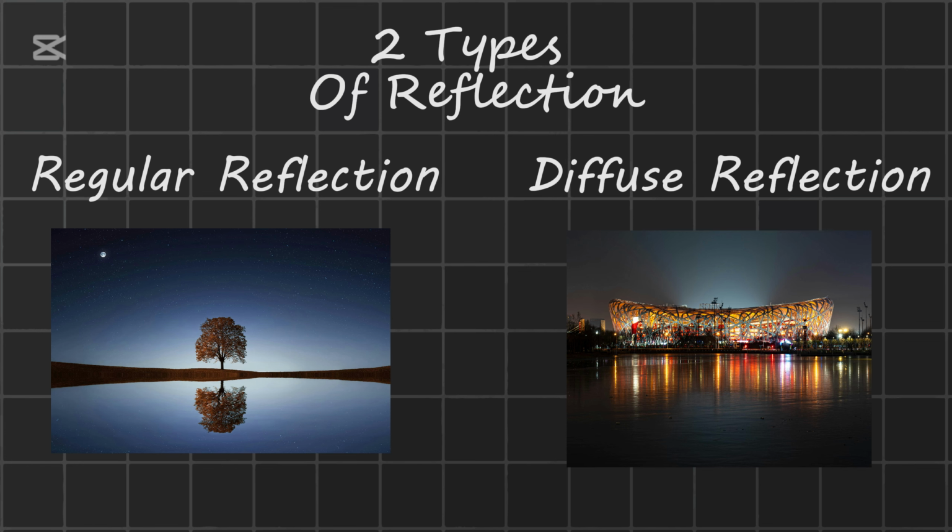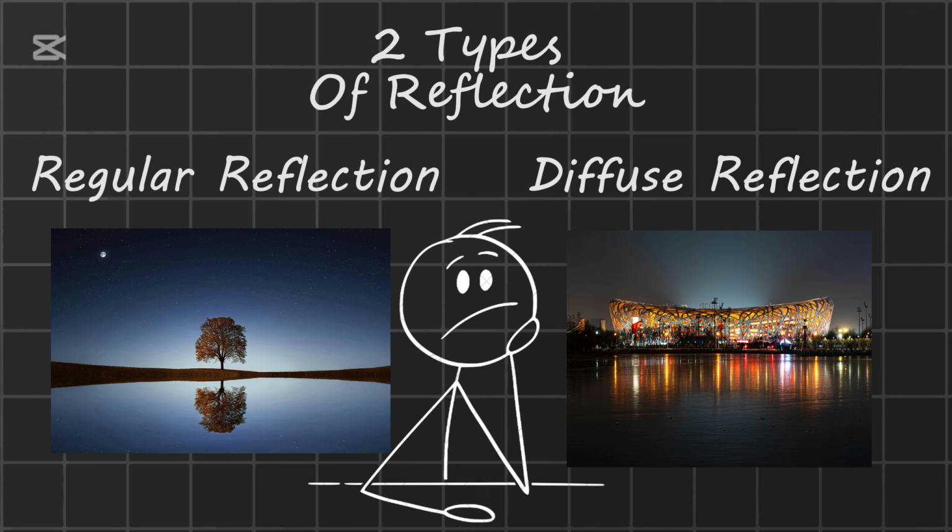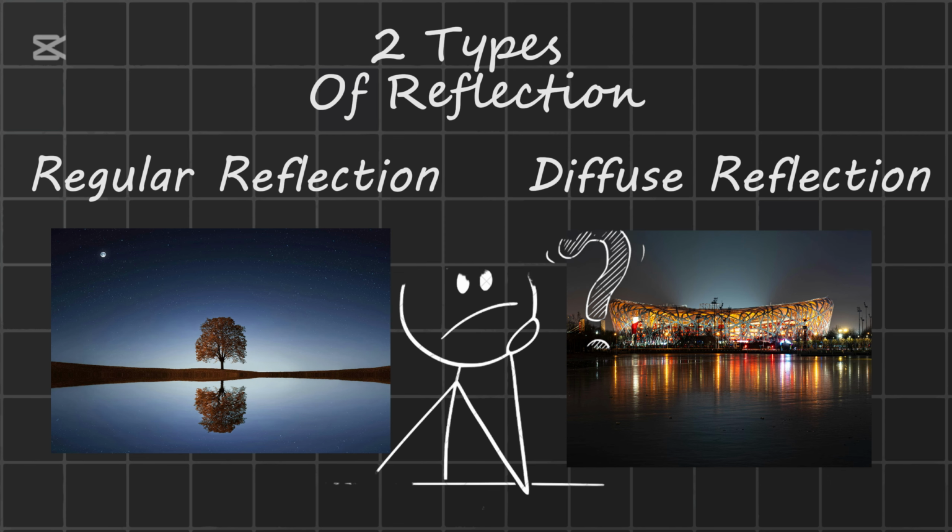As you can see, still water perfectly reflects the tree, while wavy water creates a distorted and unrecognizable image of the building. But wait, if the water can reflect, why is the image upside down, unlike a mirror where it is upright? Well, there are two types of images, the virtual image and the real image.